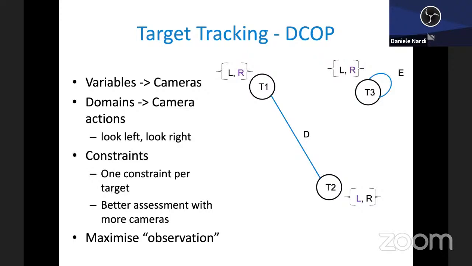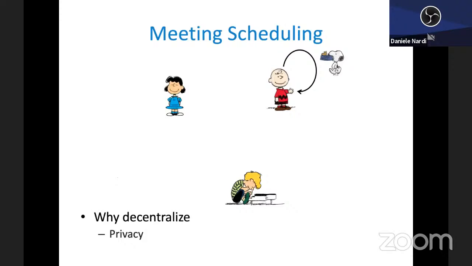And then we have what we can see more as a soft constraint, which is a better assessment of some of the targets by using multiple cameras. And the idea is that the overall solution to the system should tell each camera in which position to place itself, either left or right, as I mentioned.